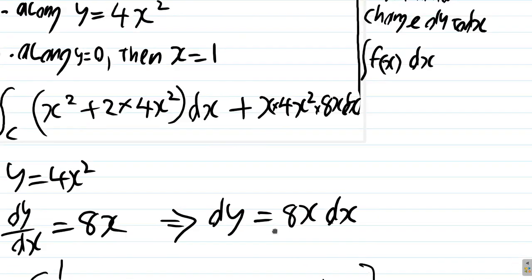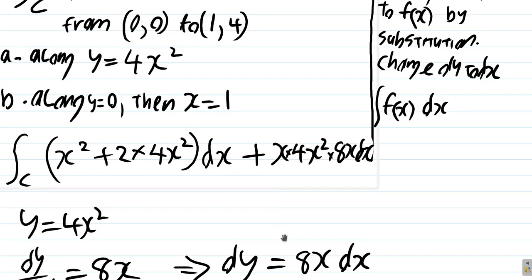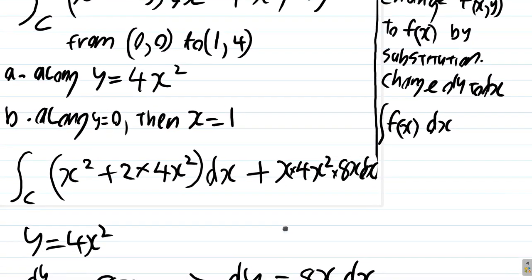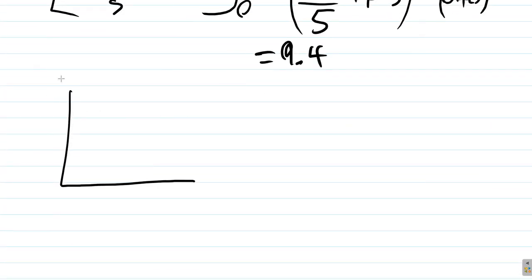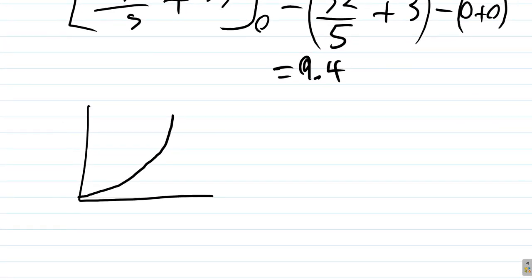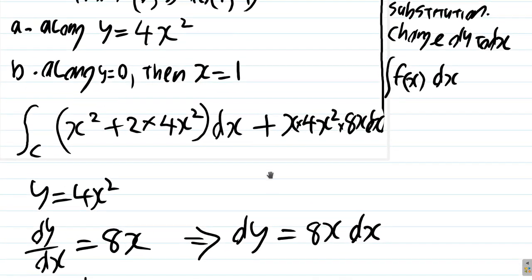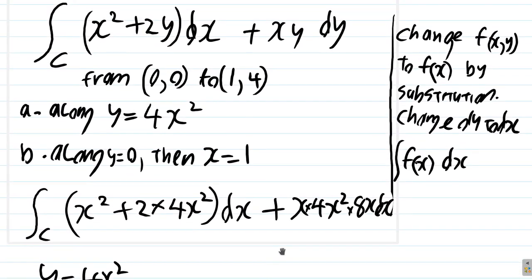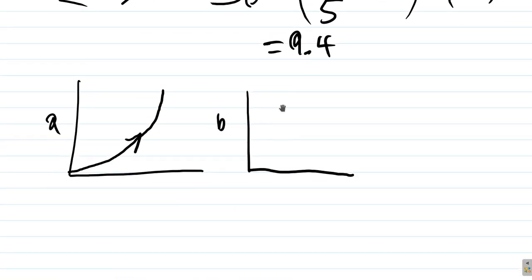We're supposed to go from (0, 0) to (1, 4). The part that we just did a while ago, the curve, I expect to look somewhat like this, 4x squared, it goes this way. But the second part, this is part A, the second part goes along y equals 0, which is the x-axis, and then x equals 1.